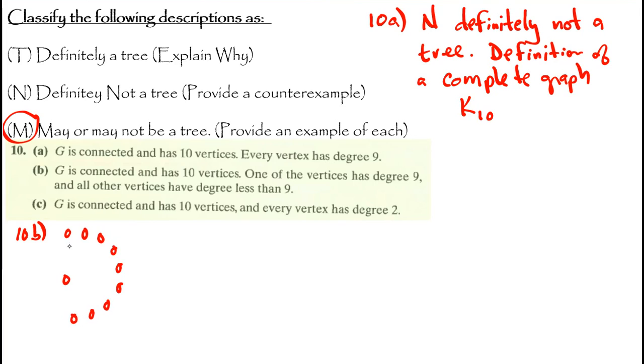So there's my 10 vertices. 1, 2, 3, 4, 5, 6, 7, 8, 9. So that is a tree where one vertex has degree 9, and all of the others have a degree less than 9. In this case, all have 1. So this is a tree.